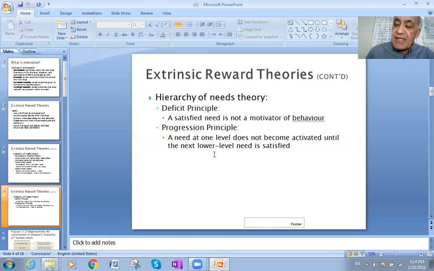The other thing is that those needs differ in importance from one person to another. Physiological needs may be very important to some people, as a survival need and everything. But didn't you ever try, for example, when you are very angry or have trouble with someone, you feel that you don't want to eat?